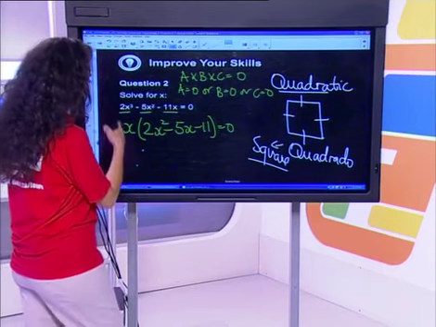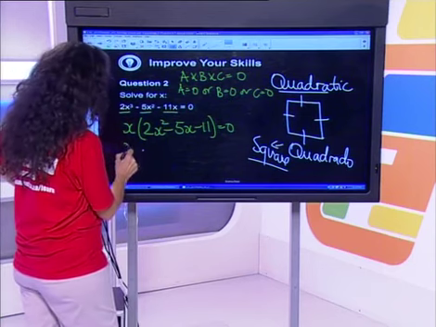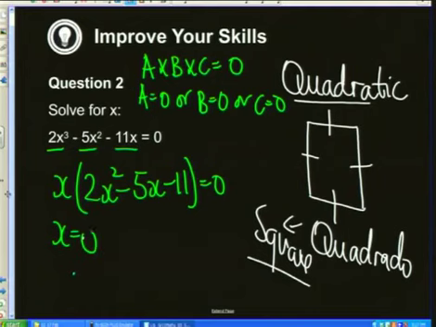So we now have this factor times that factor. So x can be 0. And it's true, isn't it, that x can be 0, because 0 minus 0 minus 0 gives me 0. Or we've got 2x squared minus 5x minus 11.